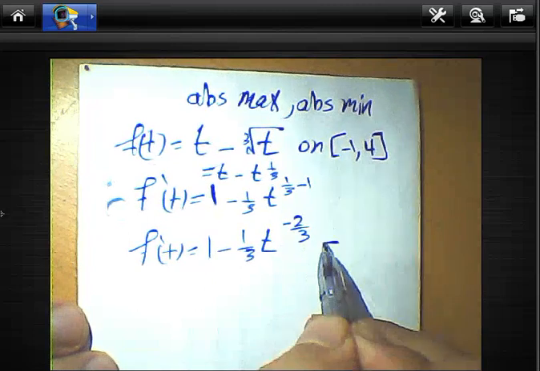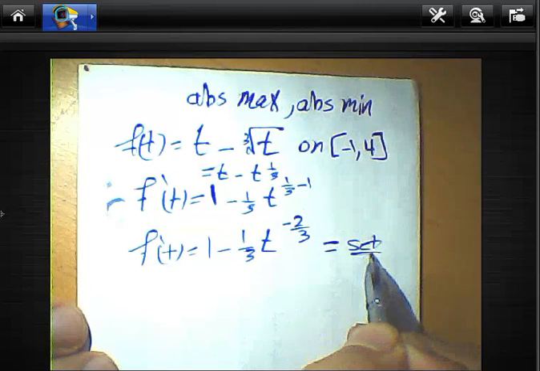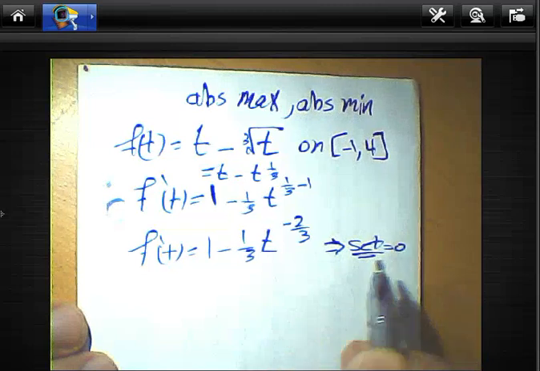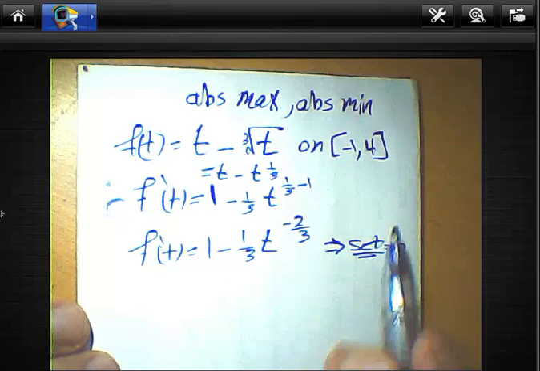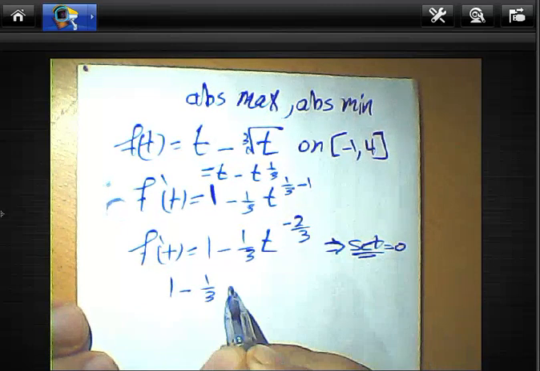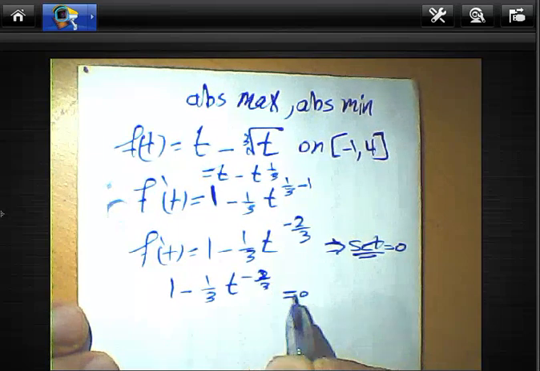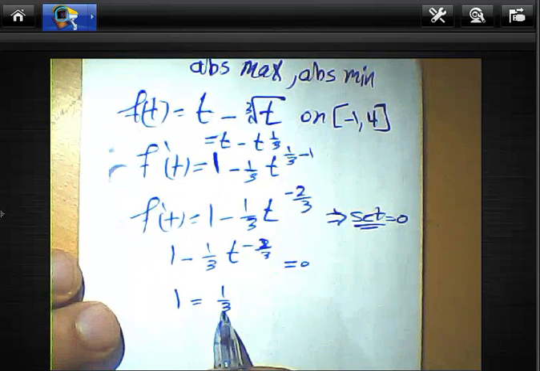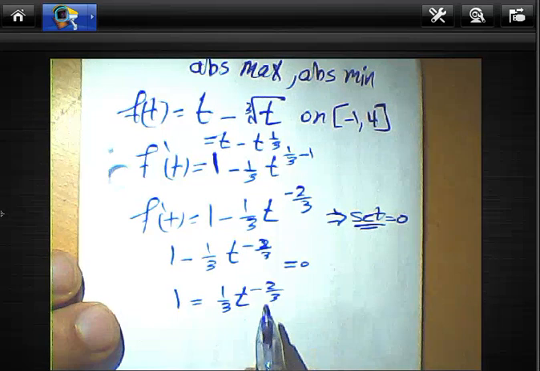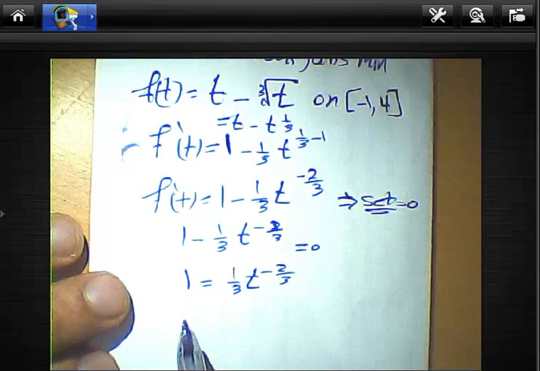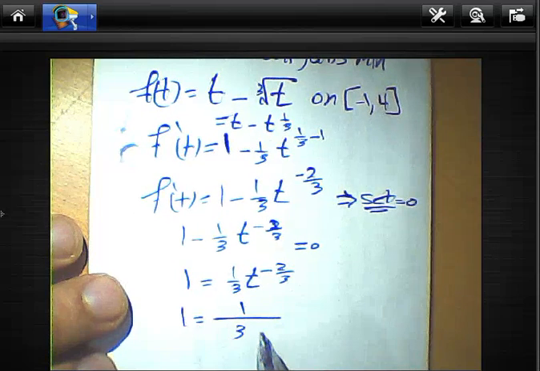And then we set this function equal to 0 to find the critical number. So 1 minus 1 over 3 t to the power -2 over 3 equals 0, and then 1 equals one third t to the power -2 over 3. It means 1 equals 1 over 3 t to the power 2 over 3, and we can find the result by cross multiplication.